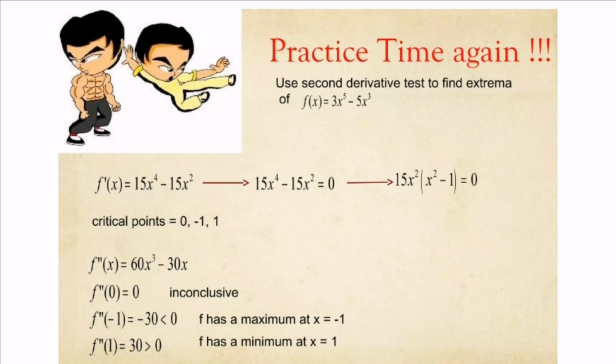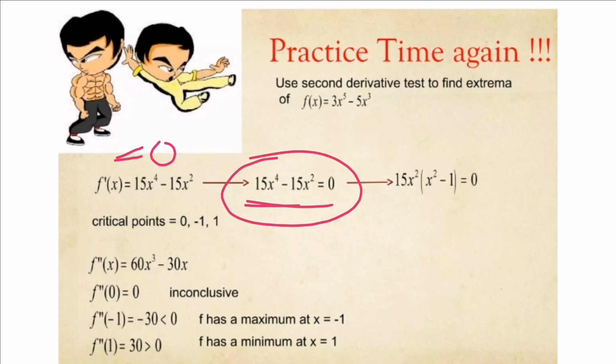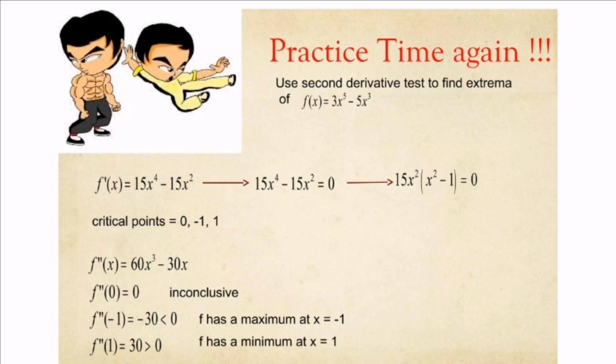Now if we put this function equal to 0, this will be 15x power 4 minus 15x square is equal to 0. Now by taking the term 15x square as common, this will be 15x square into x square minus 1 is equal to 0.